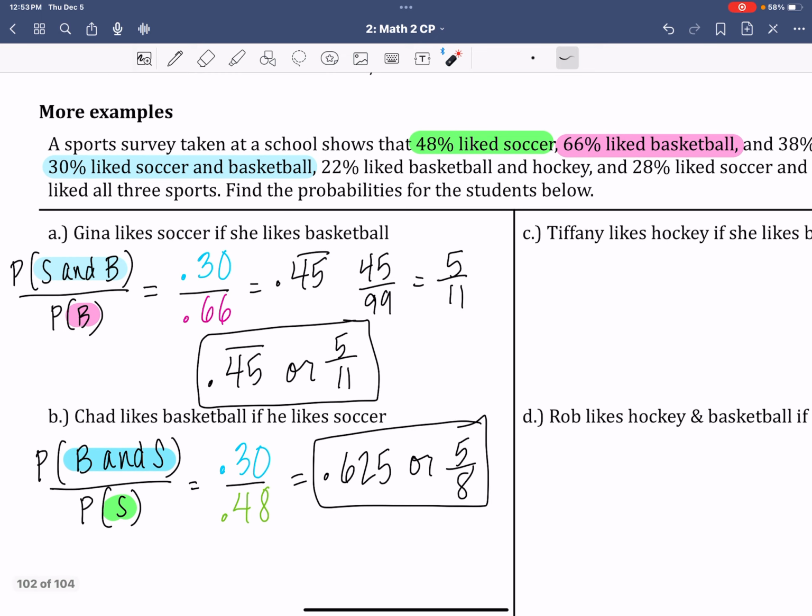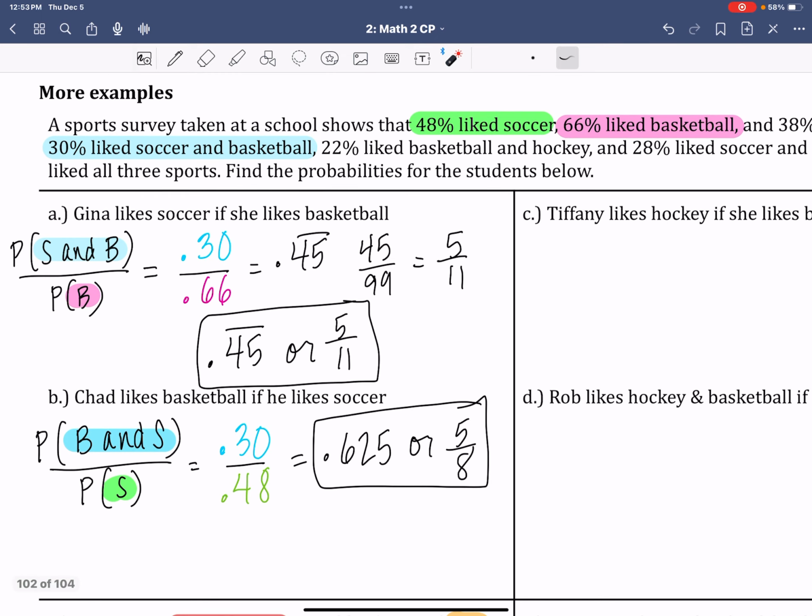All right, now let's look at this next one. Chad likes basketball, so find the probability that Chad likes basketball if he also likes soccer. So let's find the probability of basketball and soccer. Now they just flip-flopped. They said basketball and soccer, the other one said soccer and basketball, but it's still the probability for both. But we're dividing out soccer.